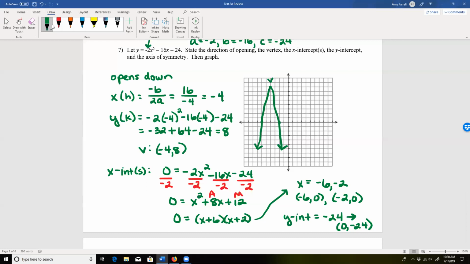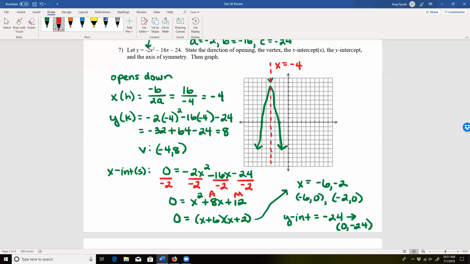But the axis of symmetry is the line about which the parabola is symmetric, meaning that I could fold my paper along this line and the left and right side of the parabola would coincide. So the axis of symmetry is x equals -4. It is a line, so it's not just a number.